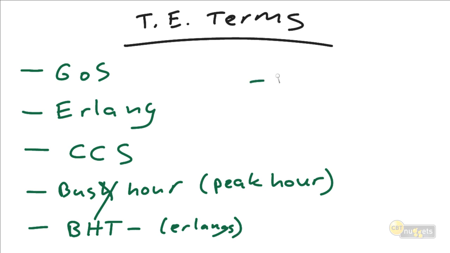Then we have blocking probability. The blocking probability value describes the calls that are not completed because insufficient call resources are available. And finally, CDRs, call detail records.